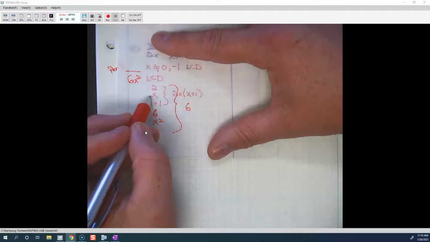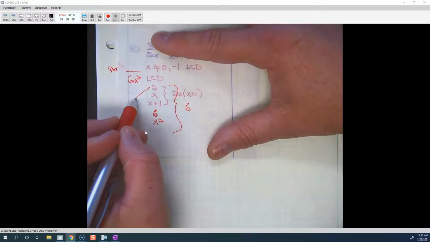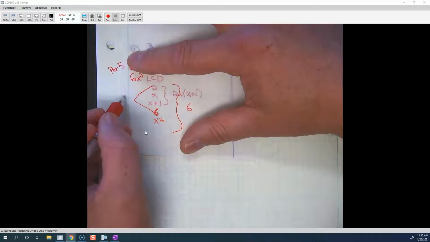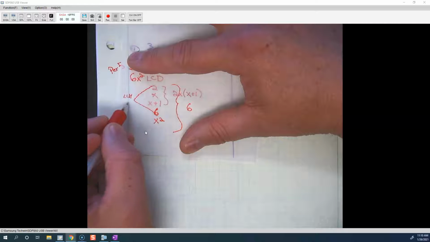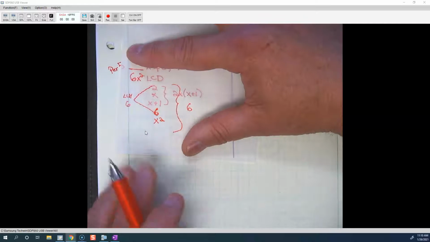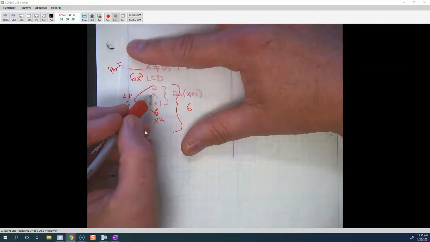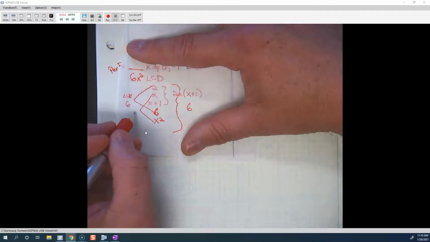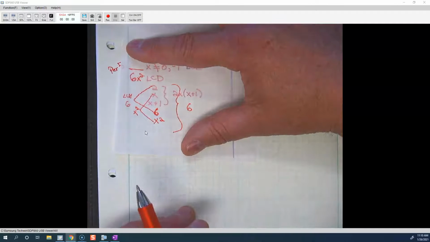So the least common multiple of 2 and 6 is 6. Now you've got an x and an x squared, so the least common multiple of that is the larger power, x squared.